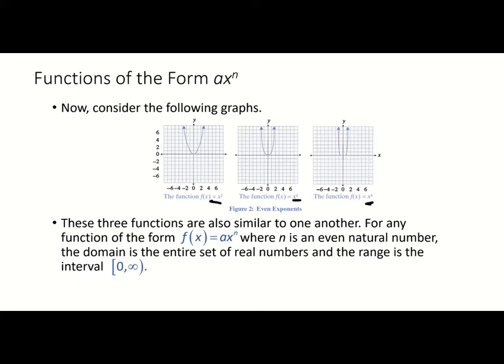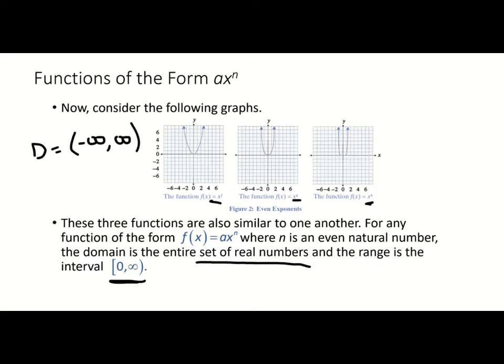So here, when you have an exponent that is an even natural number, your domain, so the x values, are always the set of real numbers. So the domain is always going to be, just like it was before, negative infinity to positive infinity. But your range is going to start at 0 and go on to positive infinity.